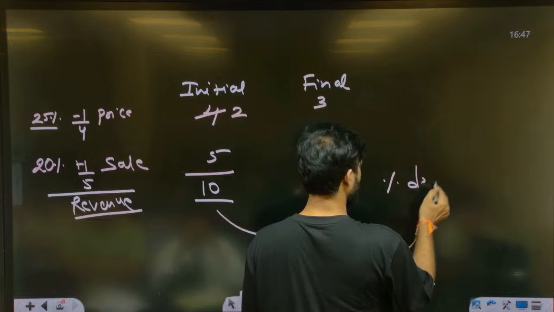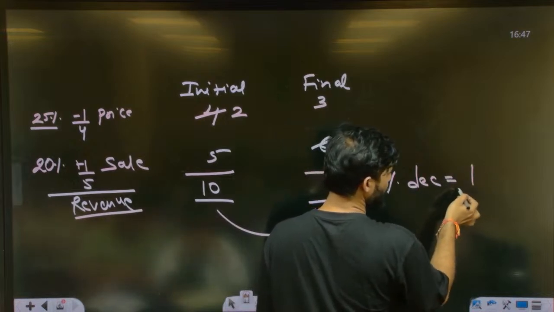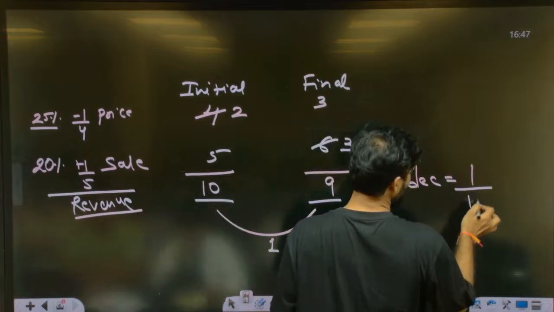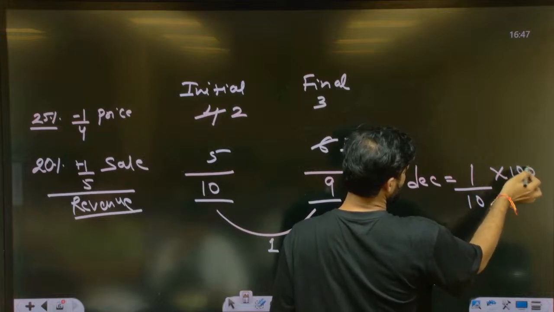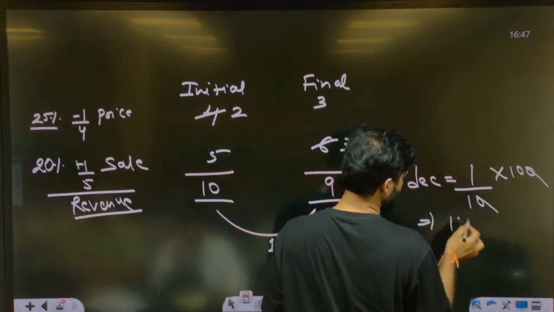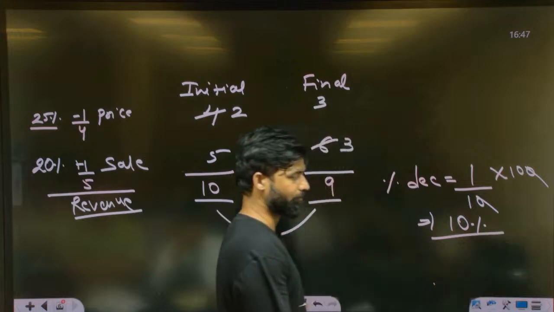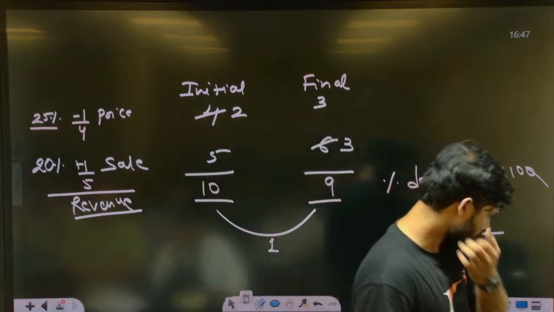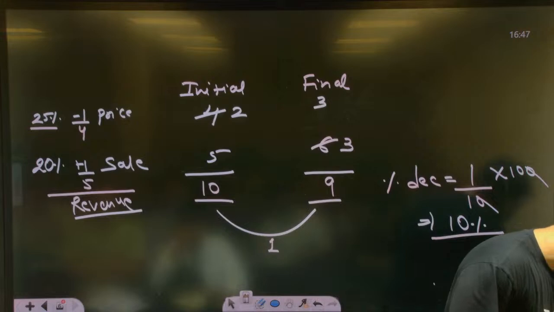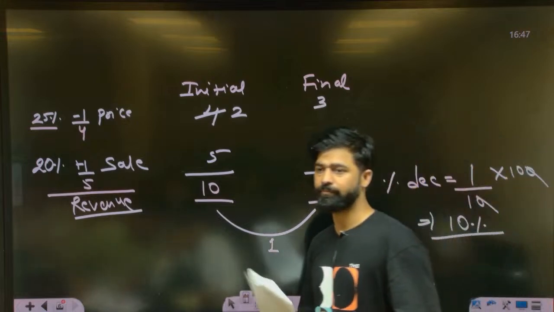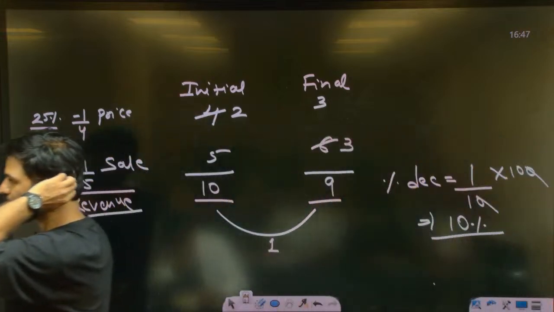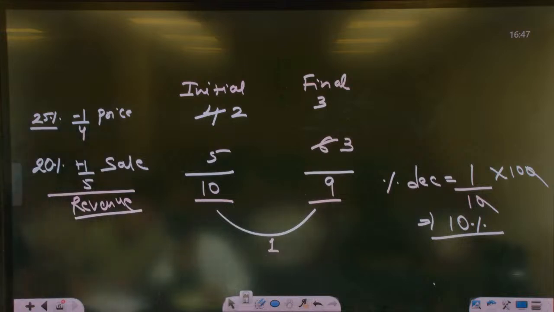There is percentage decrease first of all, and there is a decrease of 1 unit on how many units? And if you have to give the answer in percentage, then multiply it by 100. So the answer is 10% decrease. Online students are doing good. 10% is the right answer. Any problem in this? Okay, write it down, then we will proceed to the next question.